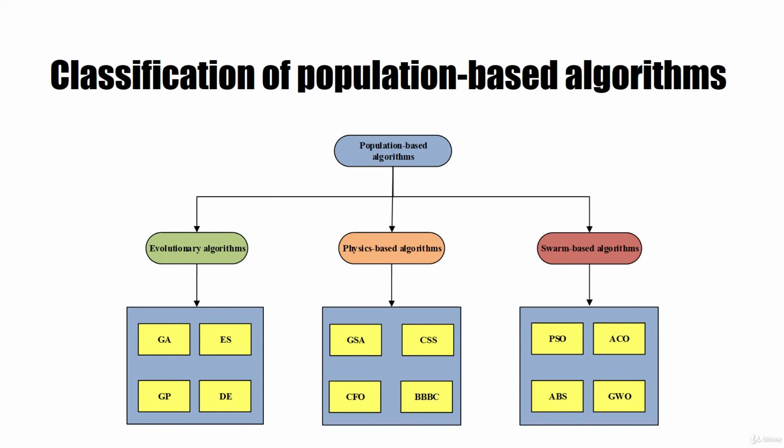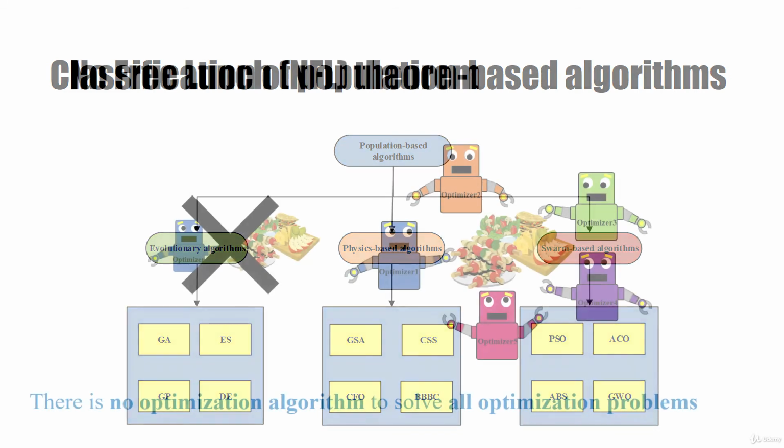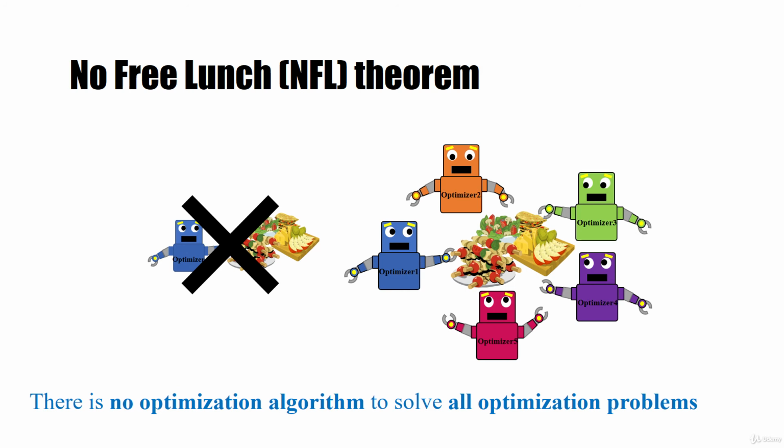You might ask me why there are a lot of algorithms in each class. If the framework is identical, what would be the merit of each algorithm? Your answer is in one of the most well-known theorems in the field of optimization called the no free lunch theorem. This theorem logically proves that there is no optimization algorithm to solve all optimization problems.